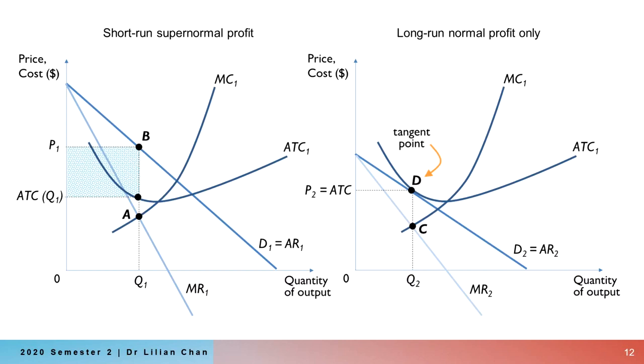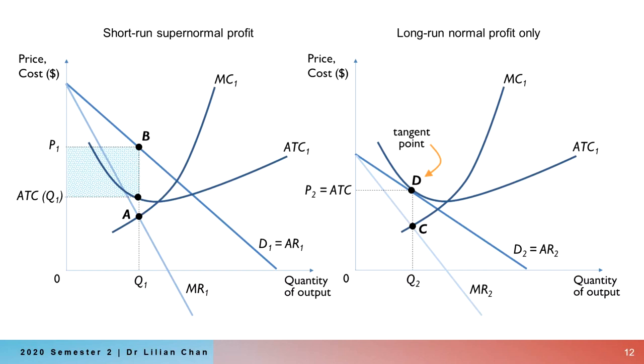And then when firms start leaving the industry because of the supernormal loss, what happens to their customers? Their customers will now come to this firm that is still existing in the market. So existing firms' demand would increase, and the demand curve together with its MR curve would tend to shift outwards.